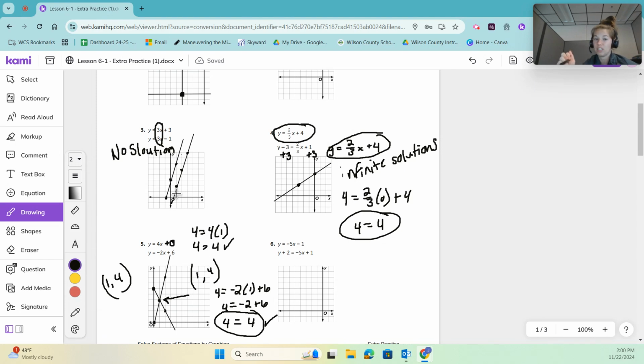For infinite solutions, every ordered pair that falls on that line will work for both, and that is when they have the same slope and the same y-intercept. If they have different slopes, then you are going to have one solution. They can share the same y-intercept, and your shared ordered pair would just be the y-intercept if that were the case.